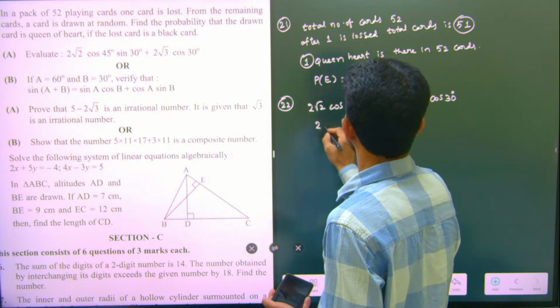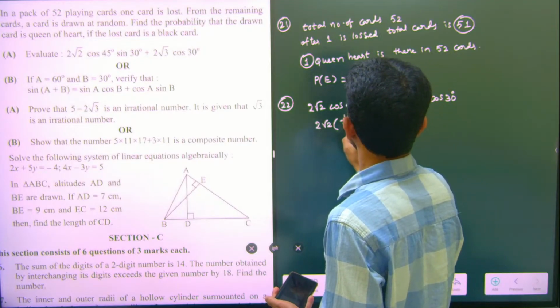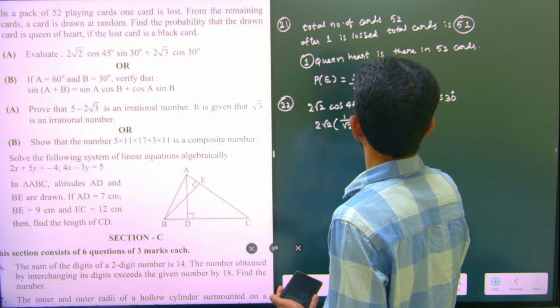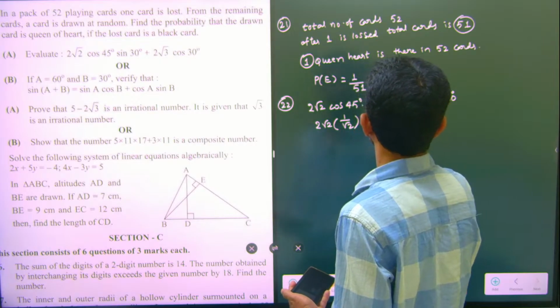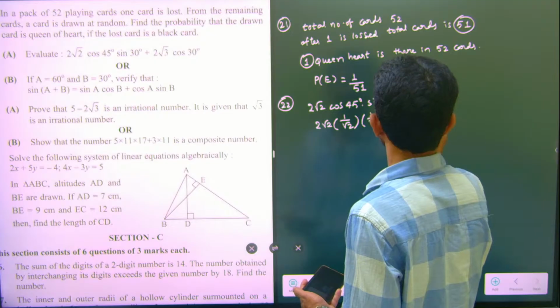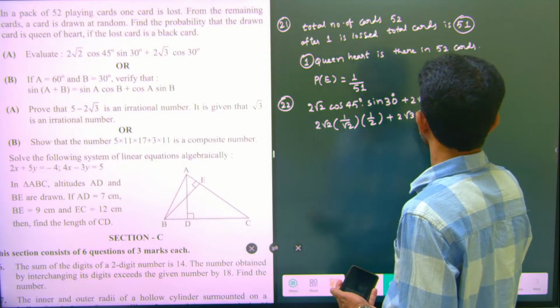So what it is: 2 root 2 cos 45 is 1 by root 2, sin 30 is 1 by 2, plus 2 root 3 into cos 30 degrees is root 3 by 2.